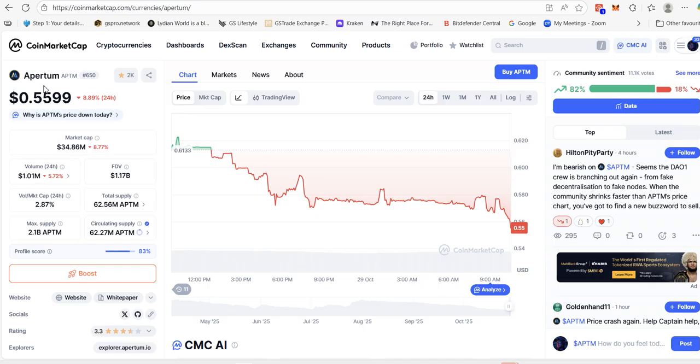The tokens that get released to miners halve every 4 years as well. So it's supply and demand. You can also see the max supply is only 2.1 billion. That's the max supply.